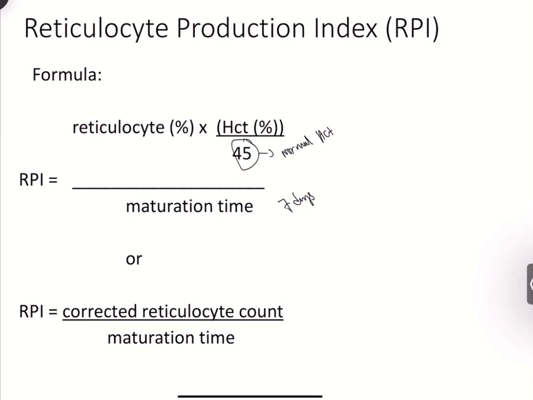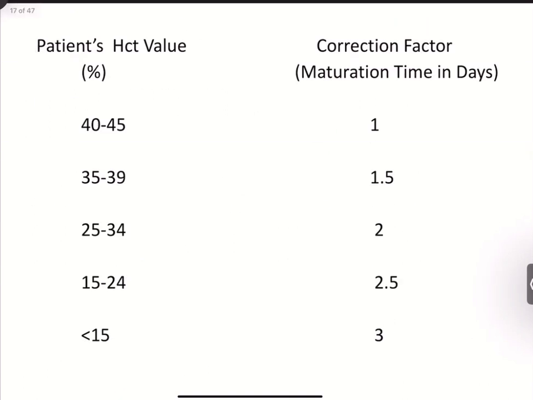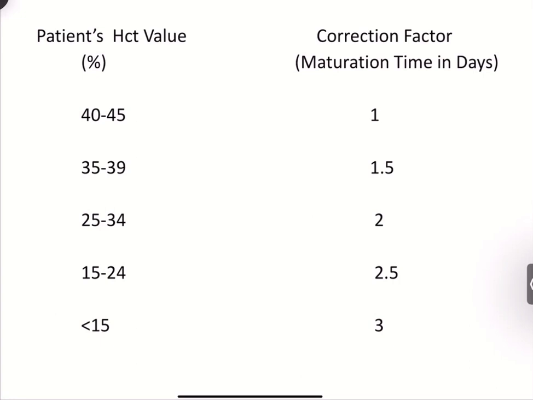The RPI is also computed as the corrected reticulocyte count over the maturation time. So you have the value for the time in days of maturation as a correction factor, correlated with your hematocrit value.